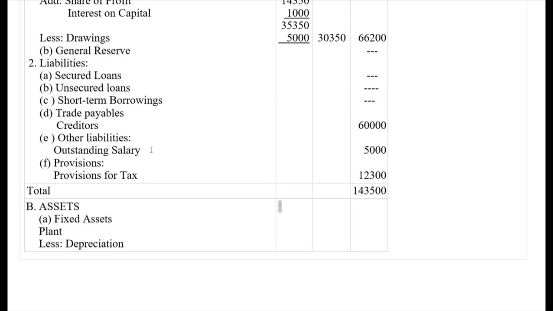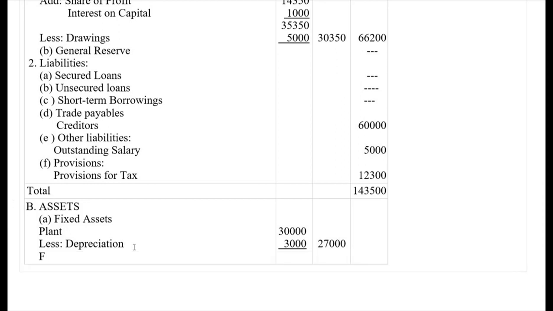So here let us take the value of the plant as rupees 30,000. So 30,000, depreciation is 3,000. So when we underline here, the balance we should take to the outer column as rupees 27,000.